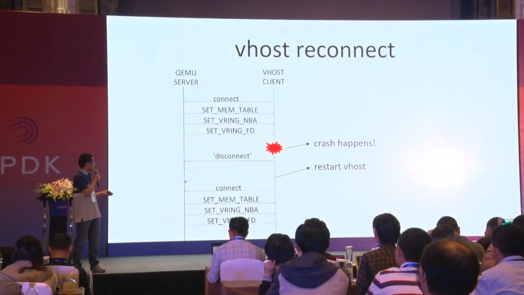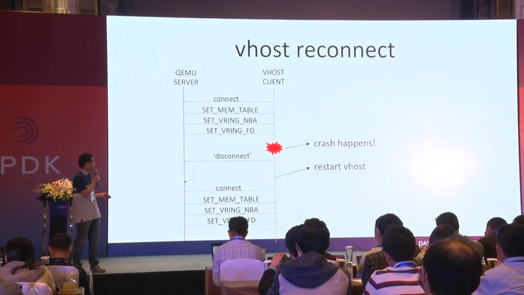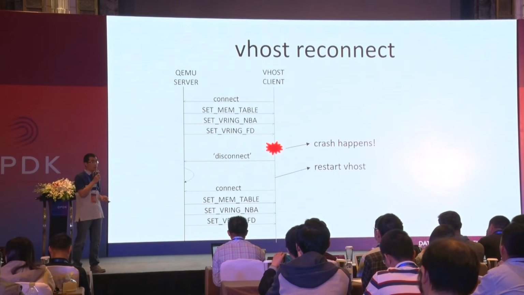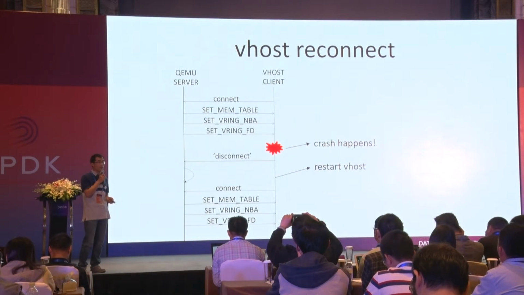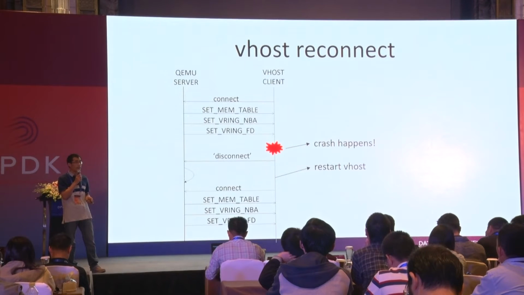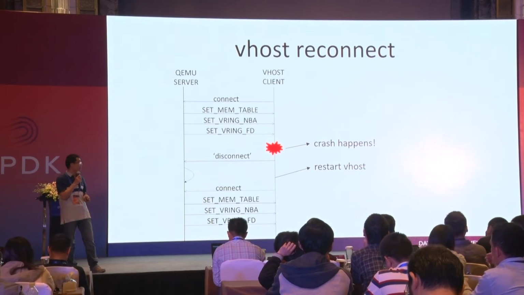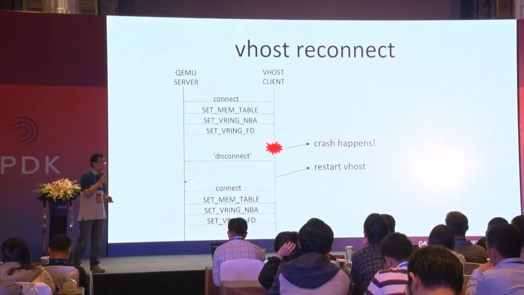This looks like a simple process. However, how do we recover the status of VirtIO? There may be three statuses. One is in the memory of VirtIO itself, so the available index and used index will not be lost under such status.